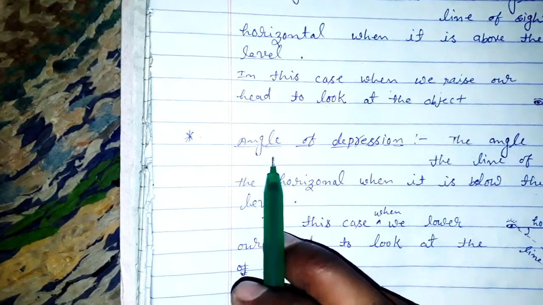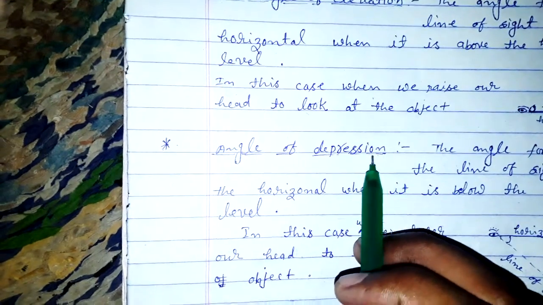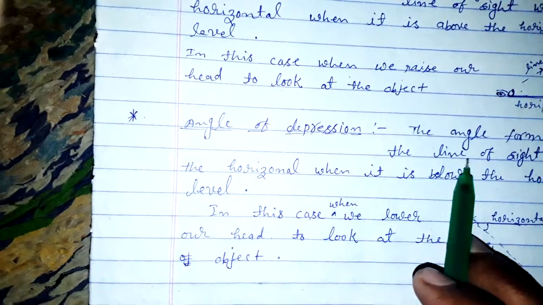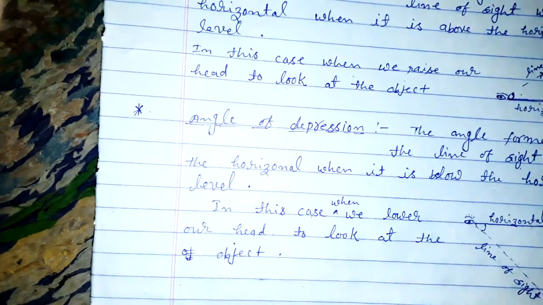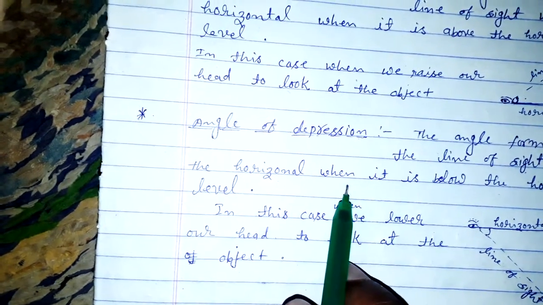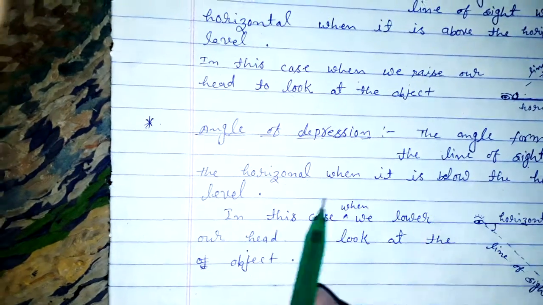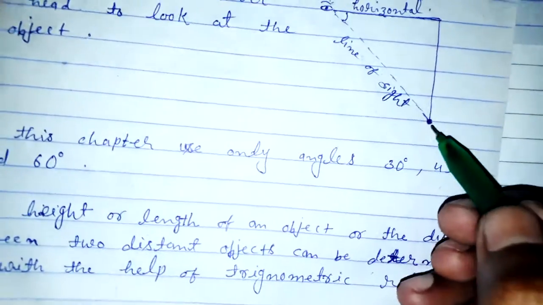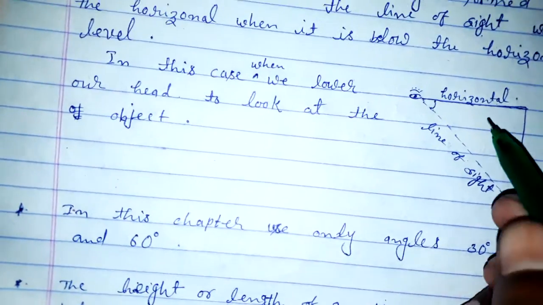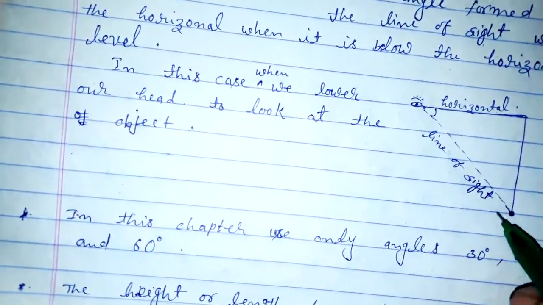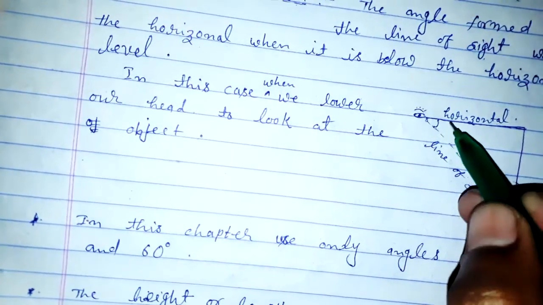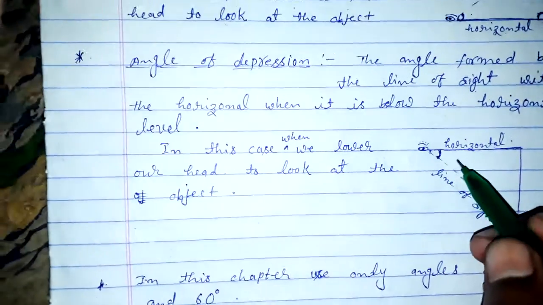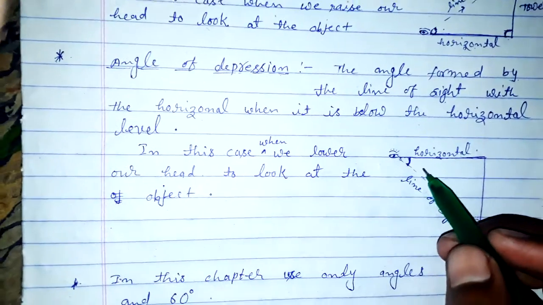Next is the angle of depression, the angle formed by the line of sight with the horizontal when it is below the horizontal level. That is, if the object is here and you see this object, this angle is the angle of depression.